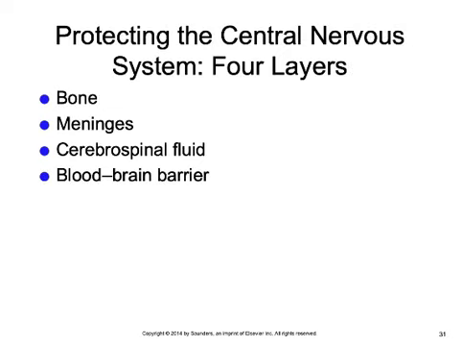There are layers of protection for the central nervous system that provide the ability to avoid damage via trauma. We have bone, of course, surrounding the entire central nervous system.